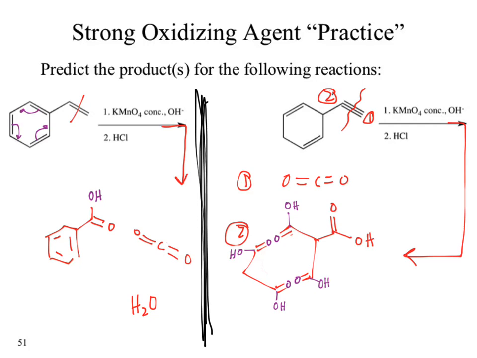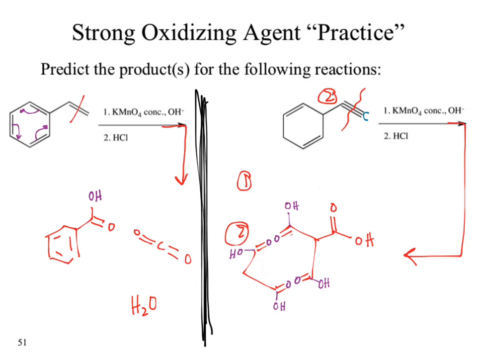Can you go through the alkyne again? I was kind of confused where you got that extra oxygen. So if we go back to the alkyne, we'll color it in blue. We have that blue carbon.